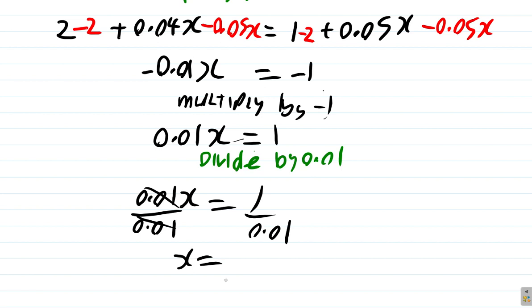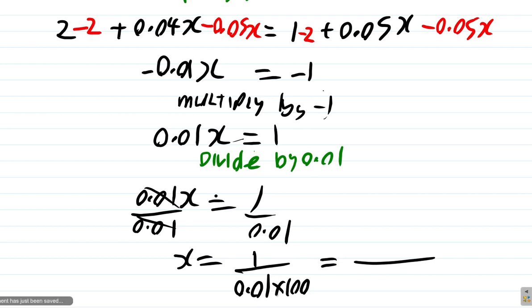Now 1 over 0.01 is what? There, we have 1 divided by 0.01. If we multiply 0.01 by 100, what do we get? 1, 2 places to the right, we get 1. We must multiply this up here by 100 too. So we get 100. So that's 100 there.